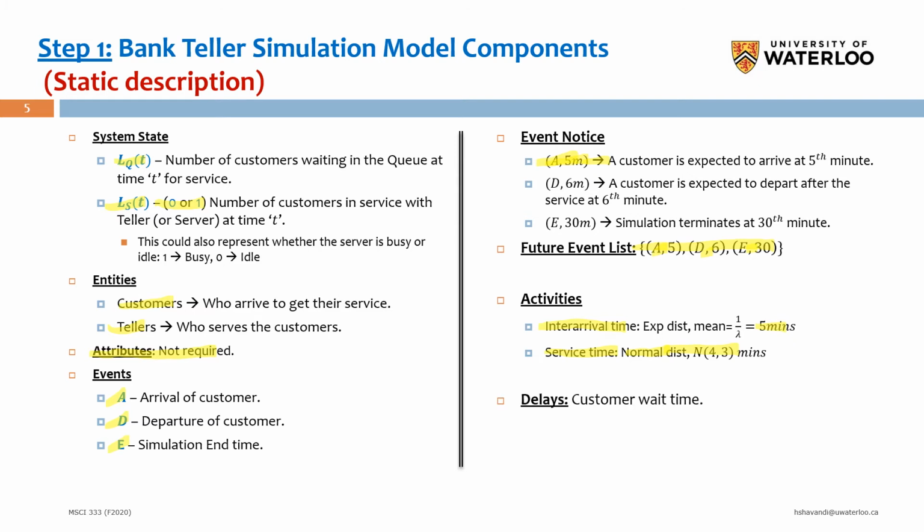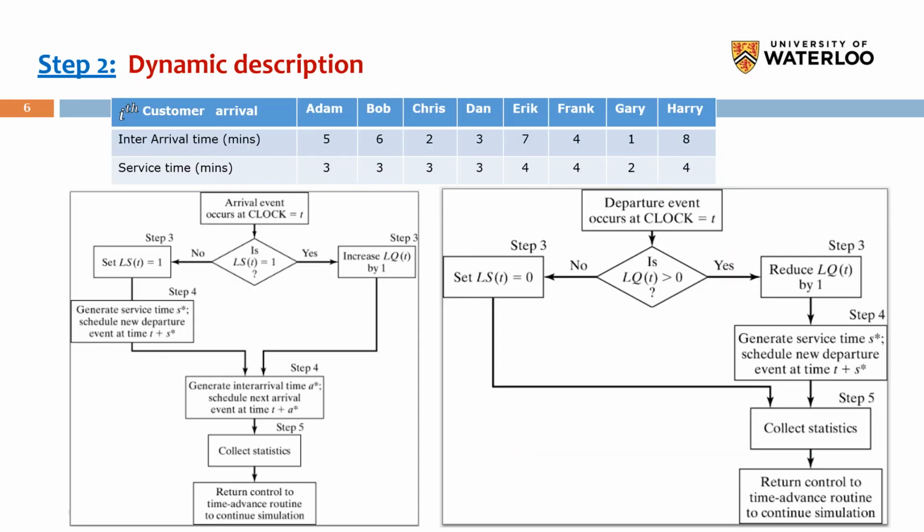The delays are customer wait time, and we also have the simulation clock, which will show the time t. So that was the static description of the system, and now we're going to have the dynamic description.